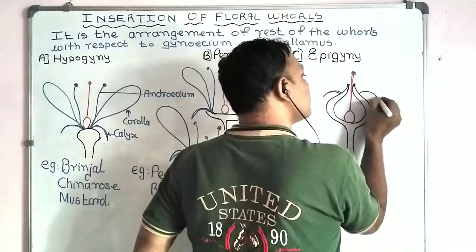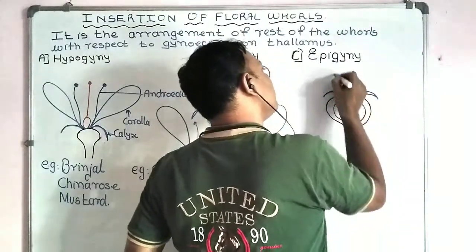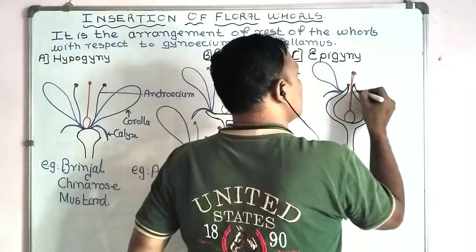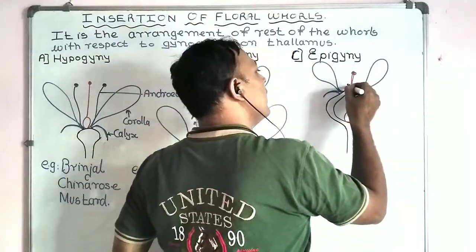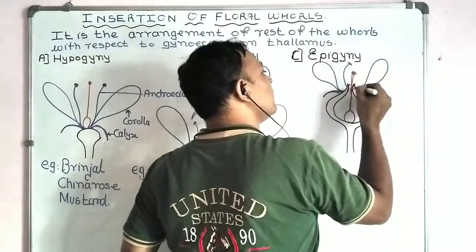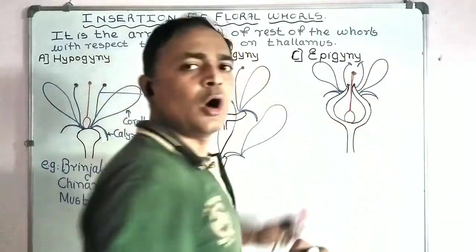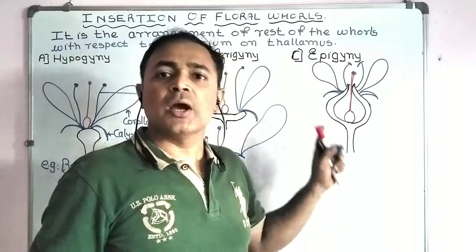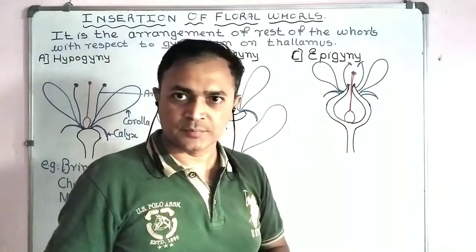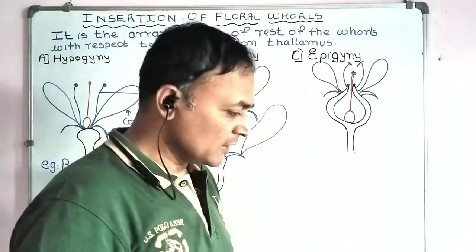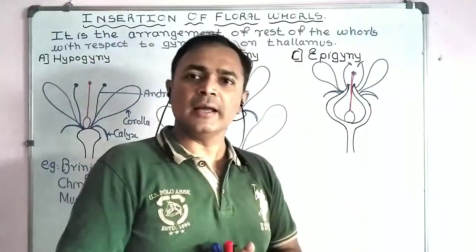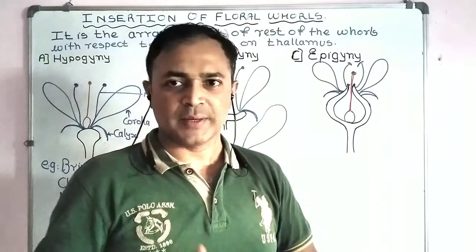Now because of this, all other whorls, calyx, this is the corolla and androecium, all of them are arranged above the ovary. Therefore, it is called epigynous or epigyny type of arrangement.